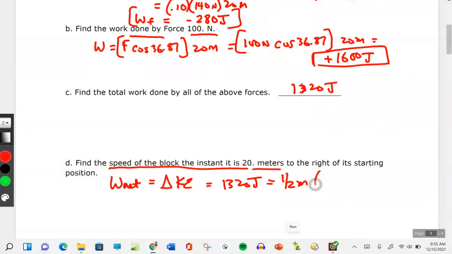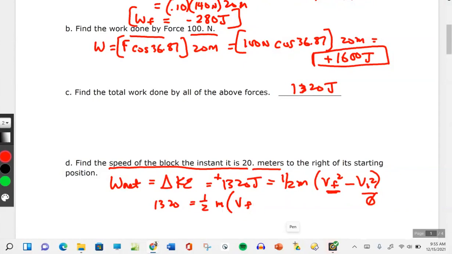It's 1/2 m times vf squared minus vi squared. Now we're told the vi was 0, so that's 0. So the net work was positive. 1320 equals 1/2 m times what's the v squared?